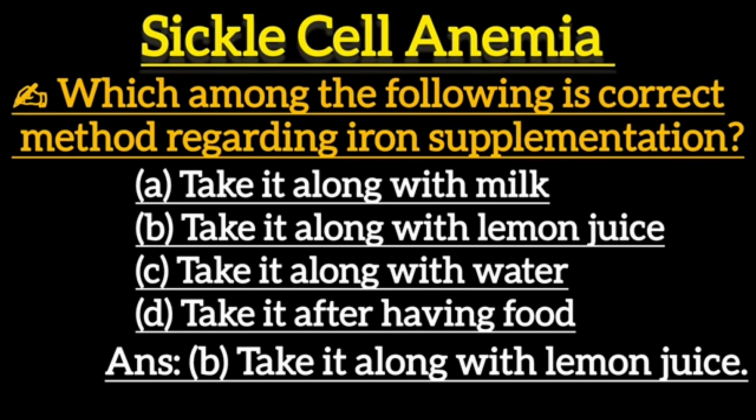Next one is, which among the following is the correct method regarding iron supplementation? Option A, take it along with milk. Option B, take it along with lemon juice. Option C, take it along with water. Option D, take it after having food. Correct answer is option B, take it along with lemon juice.